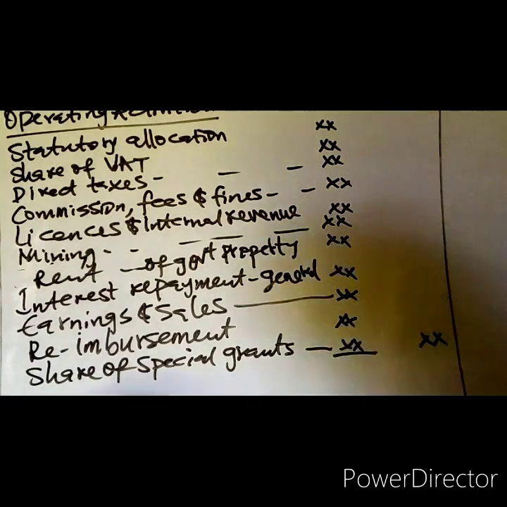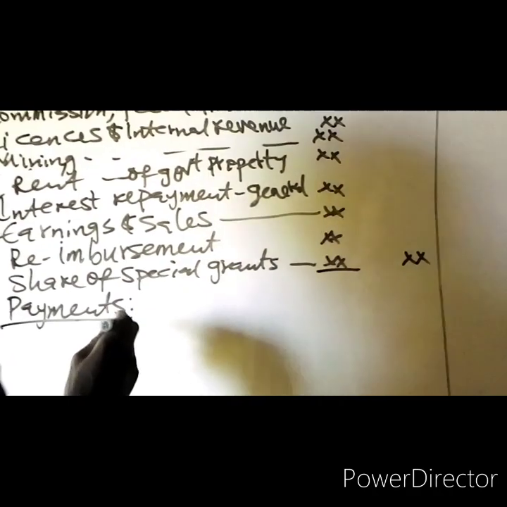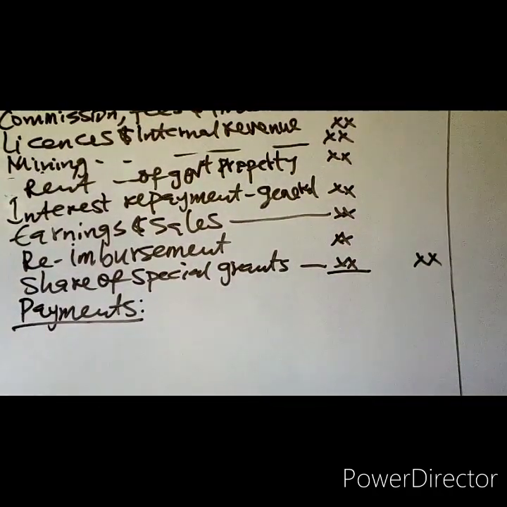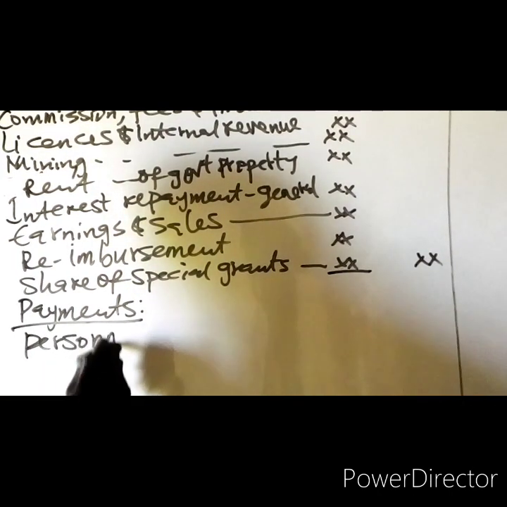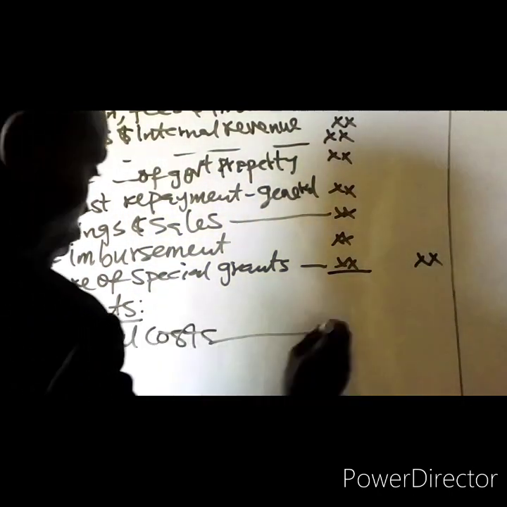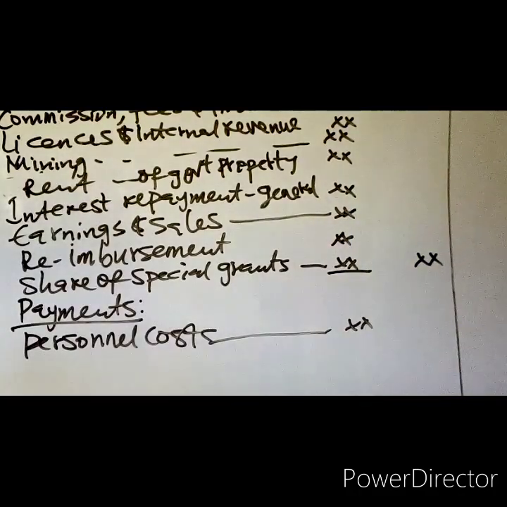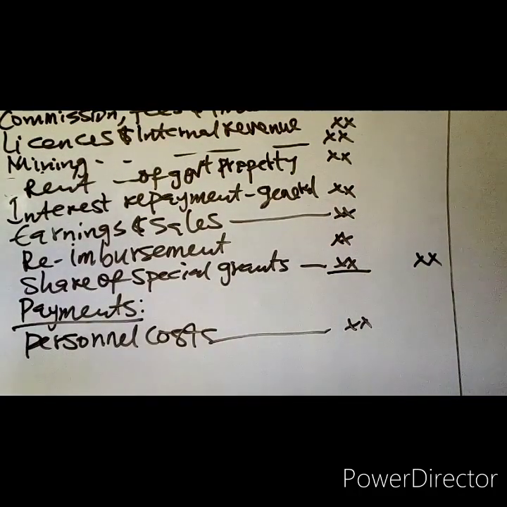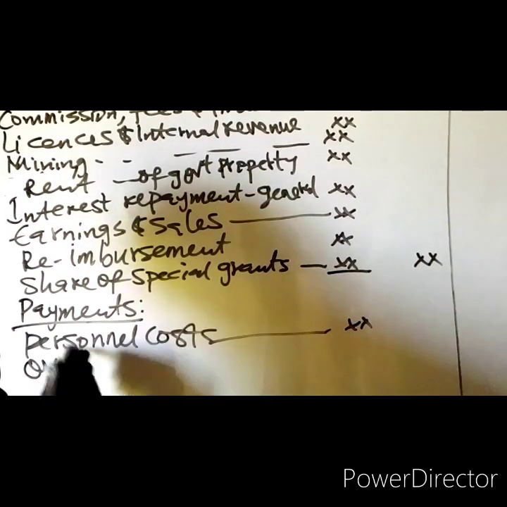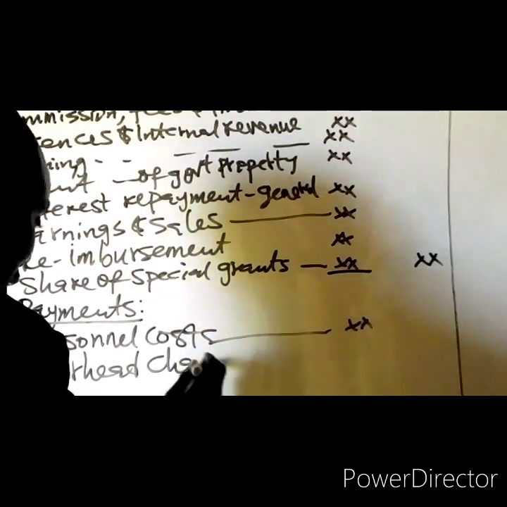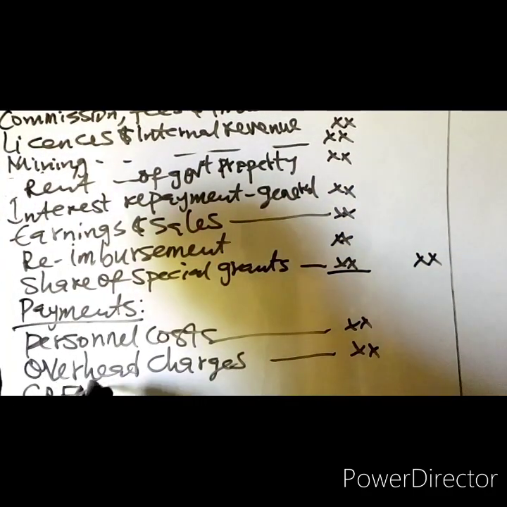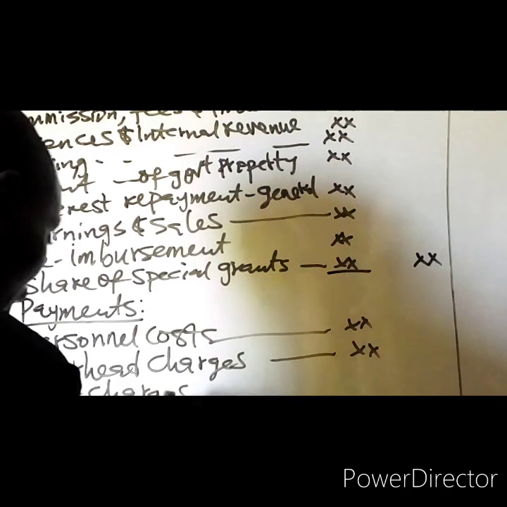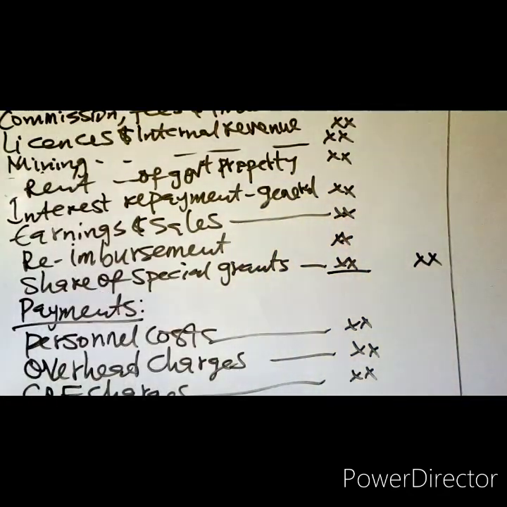Then we have payments. The payments include, all these are still operating activities, personnel cost or personnel emolument. Then you have overhead charges. We also have consolidated revenue fund charges. All these are charges.